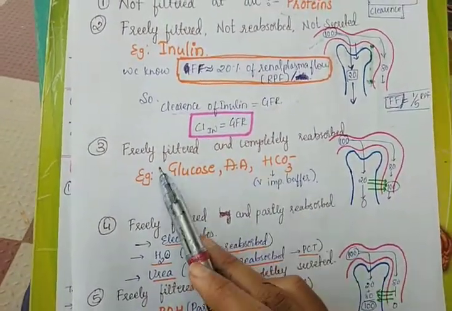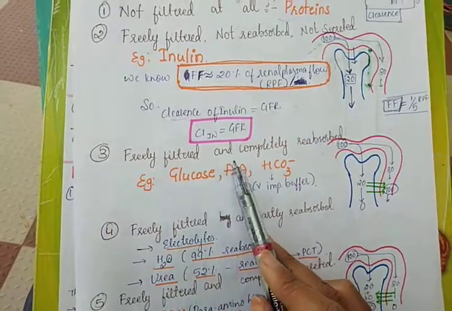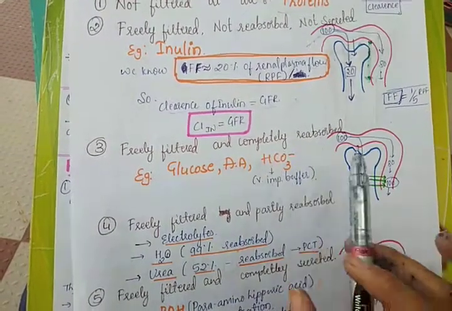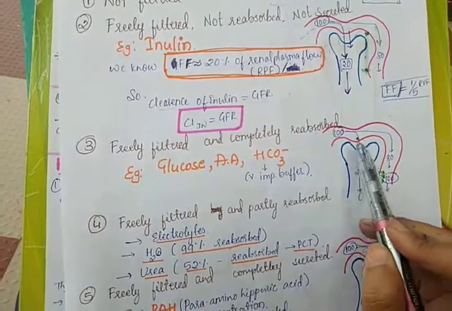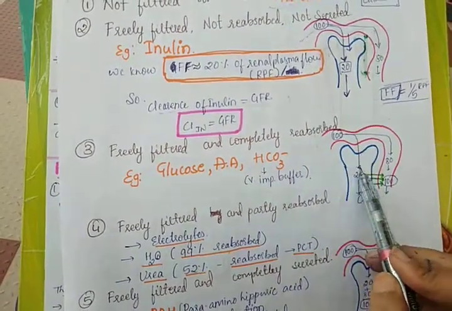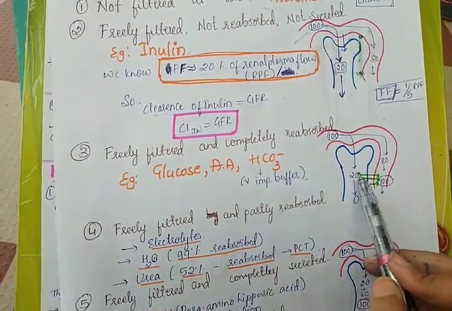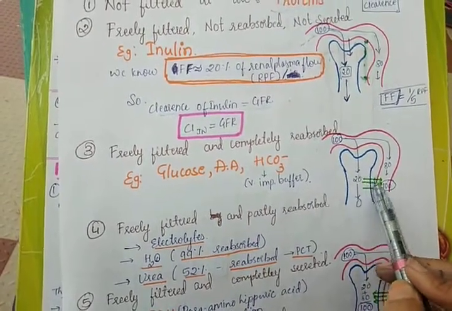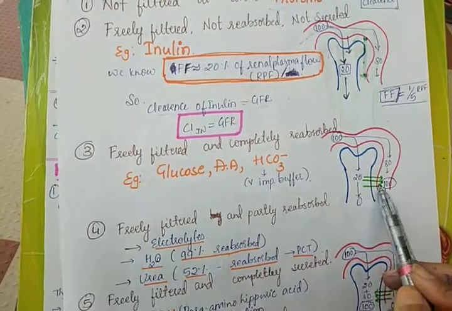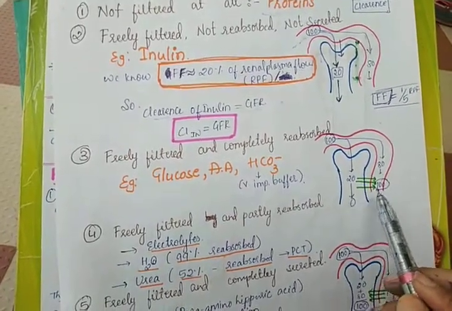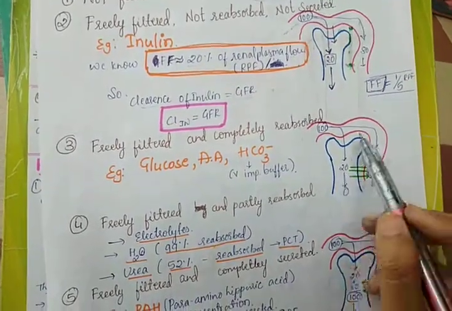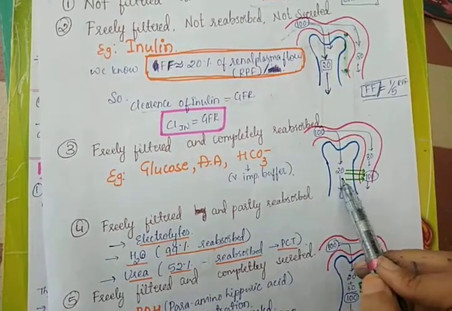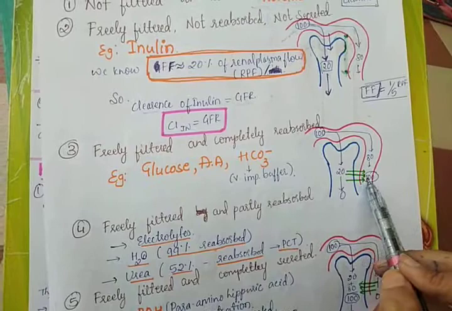Third substance is freely filtered and completely reabsorbed. These are the substances which are freely filtered, that is 20% of its 100% is filtered, but now the 20% which is filtered is completely reabsorbed back into the capillaries.